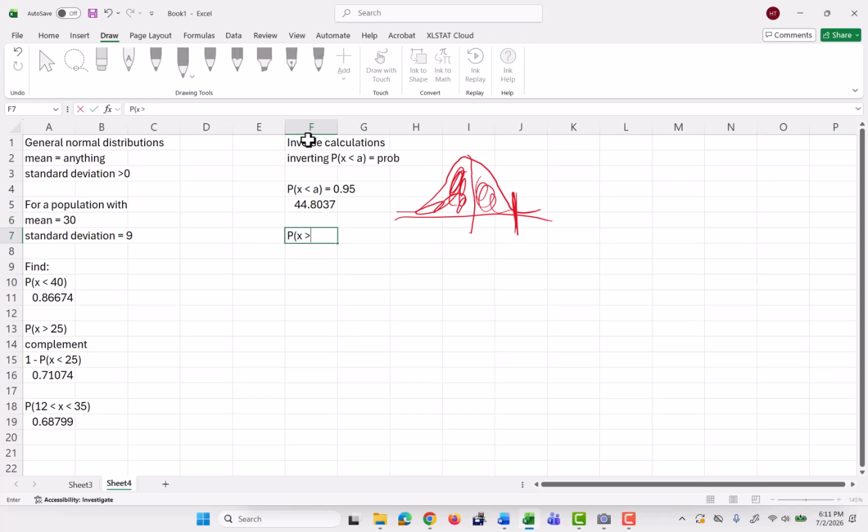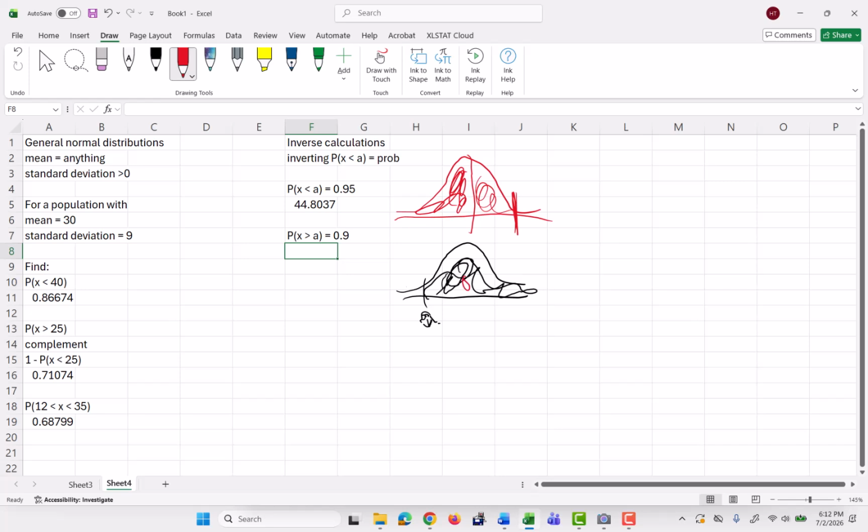Or how about the probability that x is greater than a equals 0.9. So this is saying, here's our bell curve. Greater than is 0.9. So a is down here. This is a, and this probability here colors in to be 0.9. But remember, our function only does left tail area.